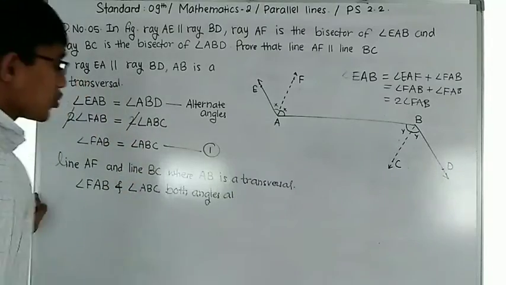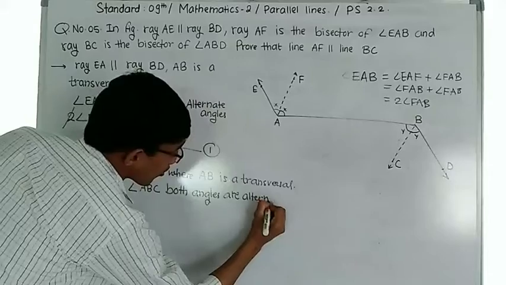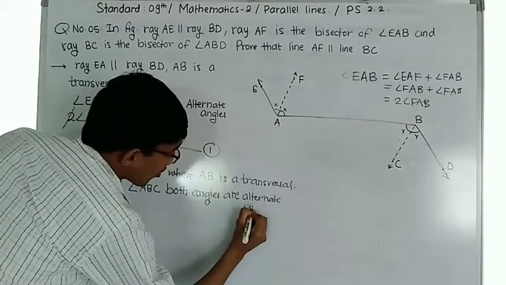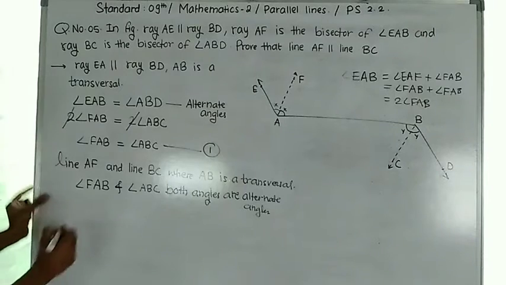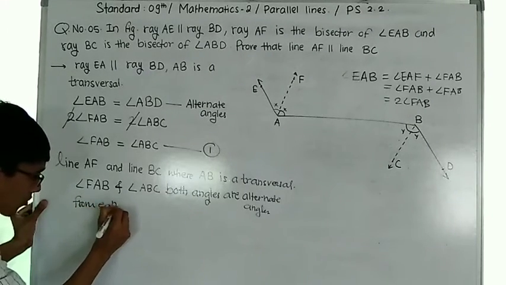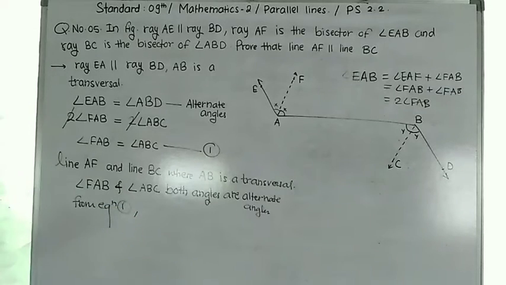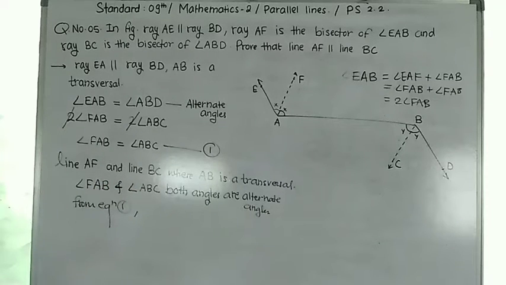Now from equation 1, what is equation 1 showing to us? That both these alternate angles are equal to each other.